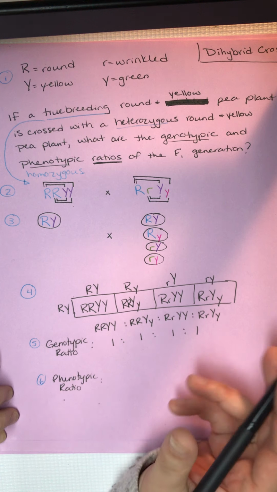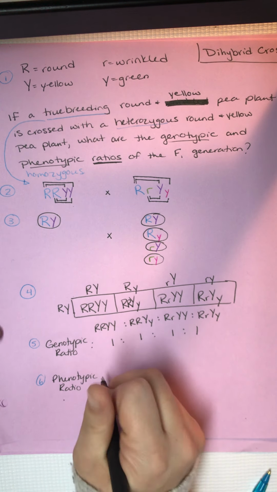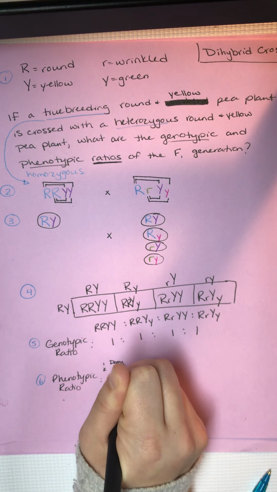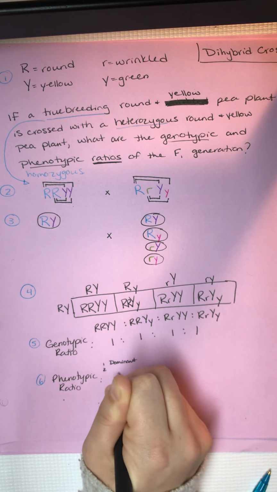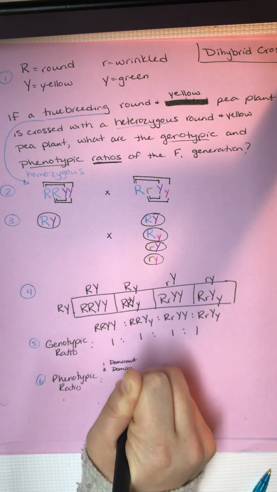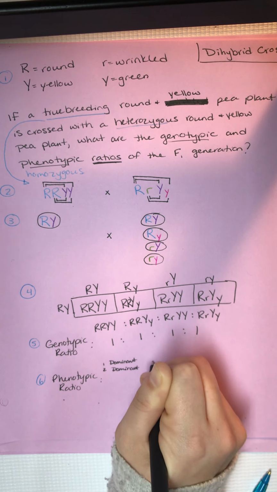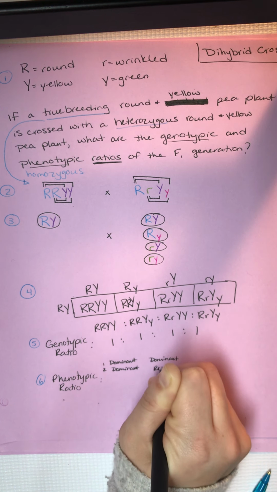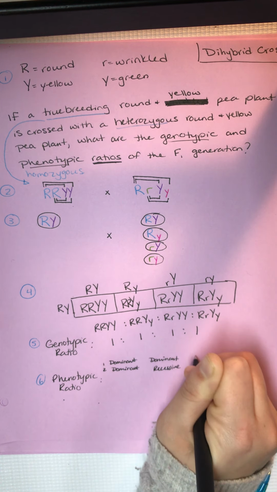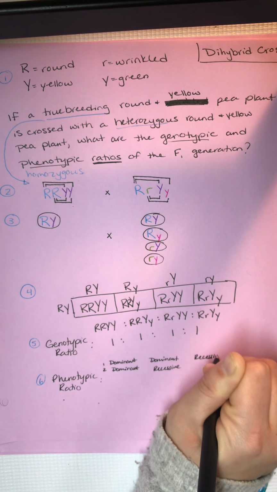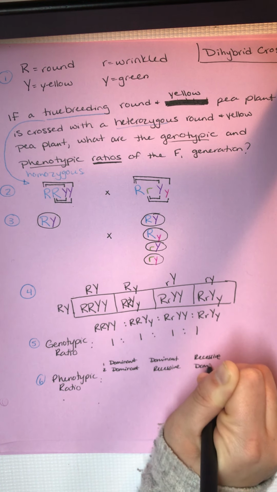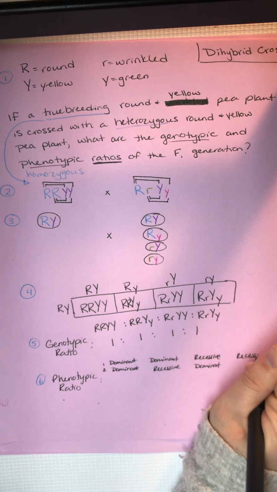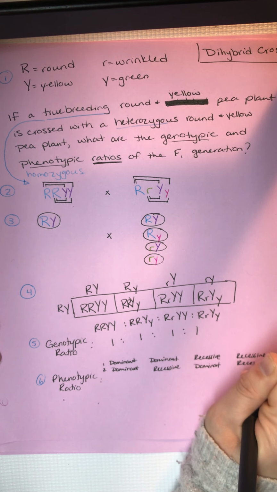Okay, so the best way to do it is always write out the first trait and then the second trait, always start with the dominant and the dominant, and then I'll compare that to dominant, recessive, recessive, dominant. This way I make sure I'm getting all the phenotypes. And then recessive, recessive.